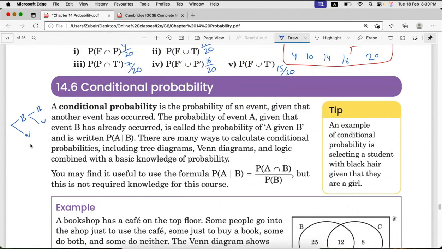Listen to my words carefully. If I ask what is the probability that you get a white ball followed by a black ball, it is this chain only, that you first get white and then you get black. So the condition was given.